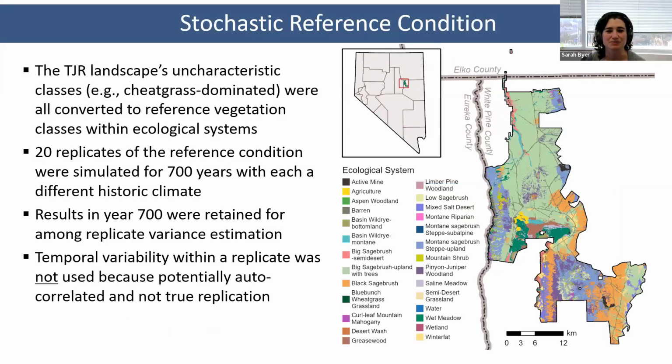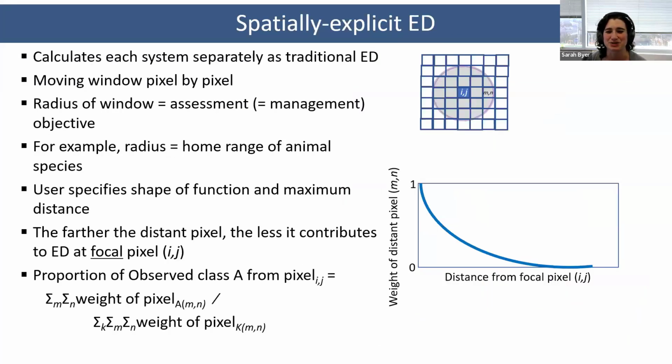Yeah. So one sec, Louis. Jim was leading us through this yesterday, but at the scale of the map unit. So we're essentially just doing that for every pixel in the landscape, and then doing some fancy accounting using that distance curve to get the proportion for that focal pixel.